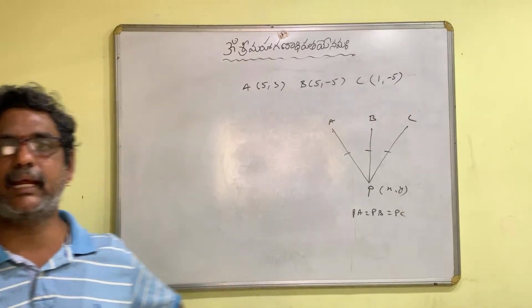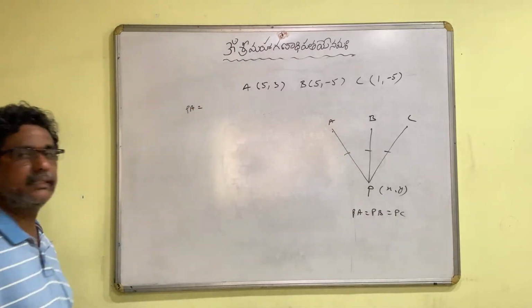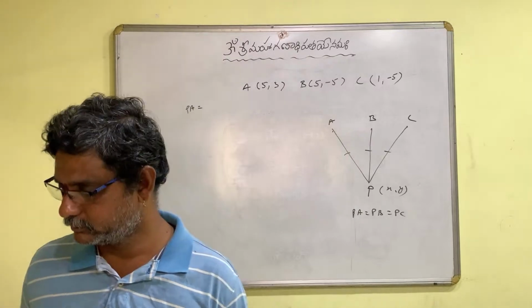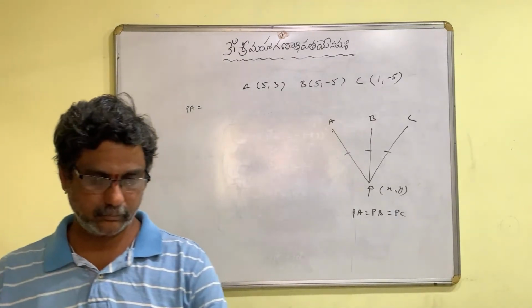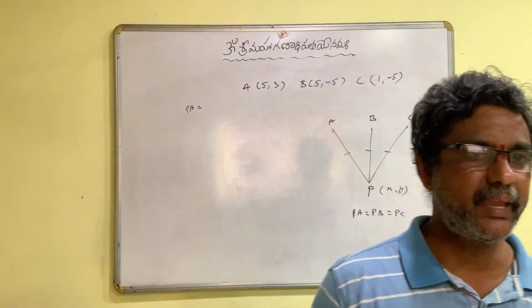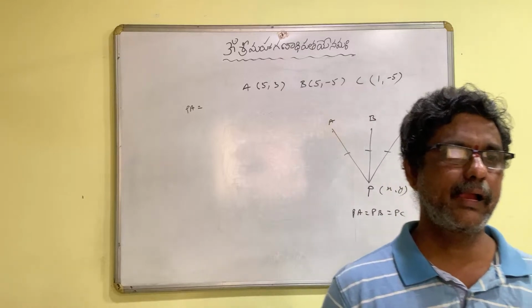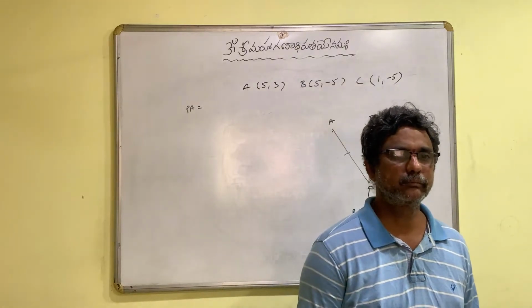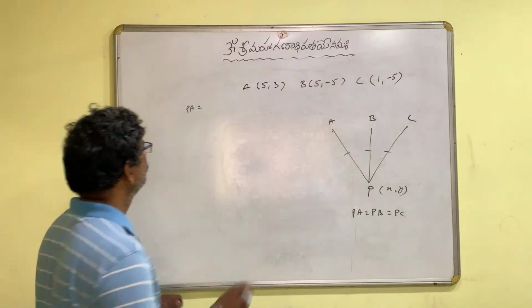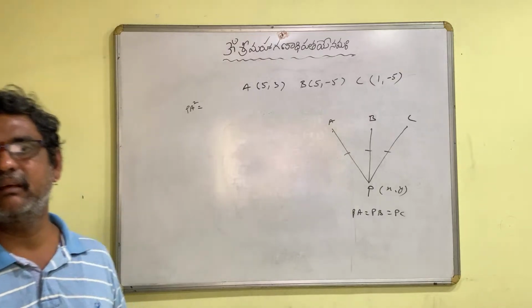Now children, calculate the distance between PA first. Let us take PA square, not PA, then it will be easy.